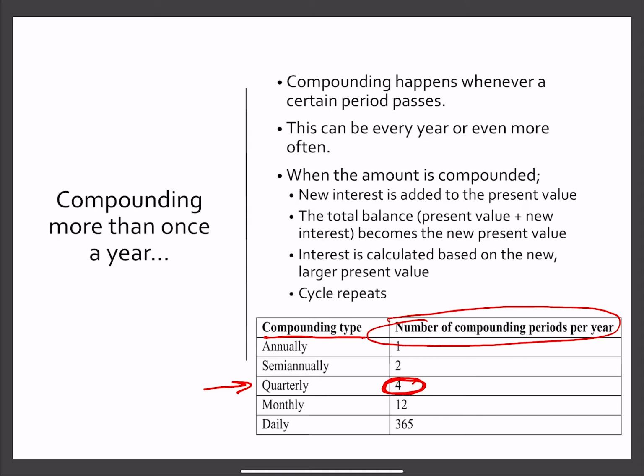We're going to deal with what if Tanae said, I'm going to compound every year versus if she says I'm going to compound twice a year or 4 times a year or 12 times a year, right? And basically the way it works is that you're almost splitting up the amount of interest that's owed over the whole year over each of these little periods, right? So let's say you have to pay a total of 12%, right?